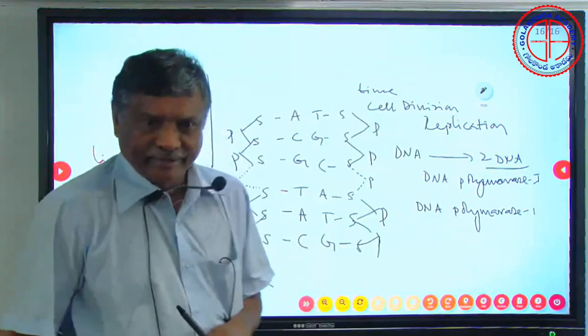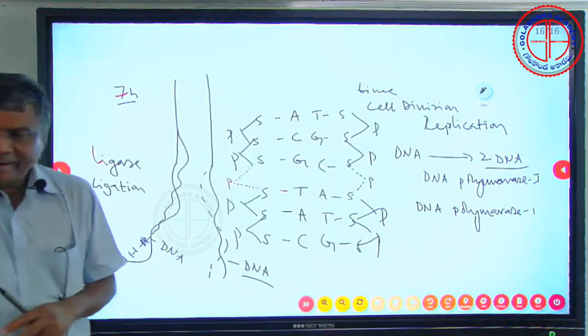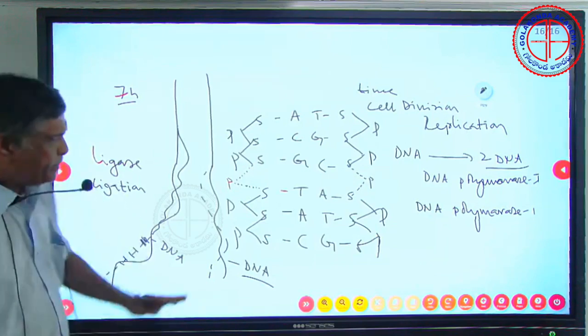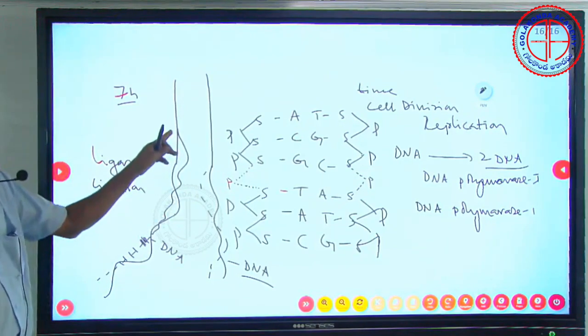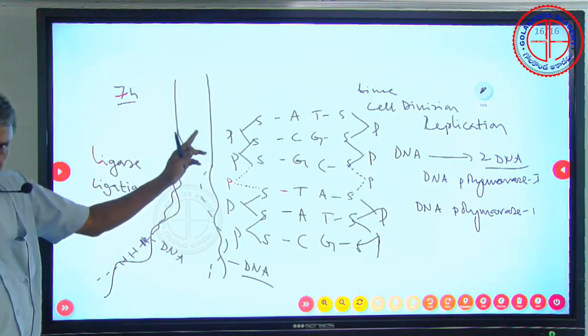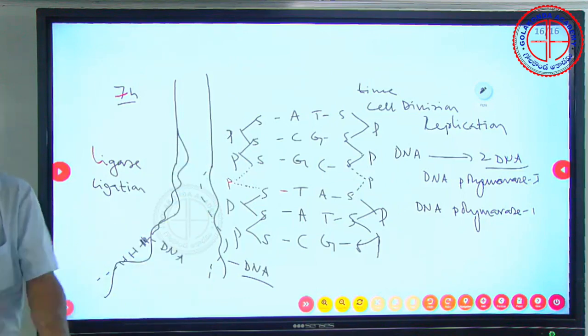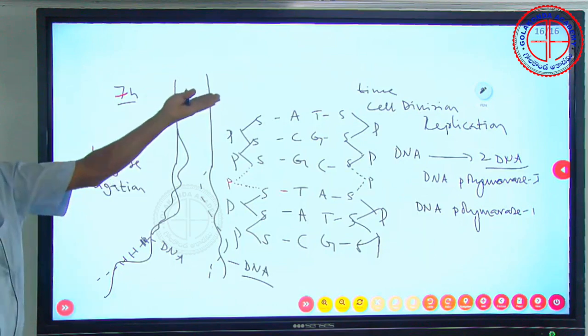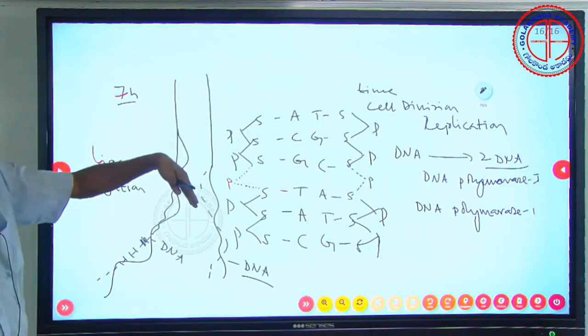Semi means not total, not complete. In this daughter DNA also, half of the helical is conserved from the mother. The remaining helical is newly formed.